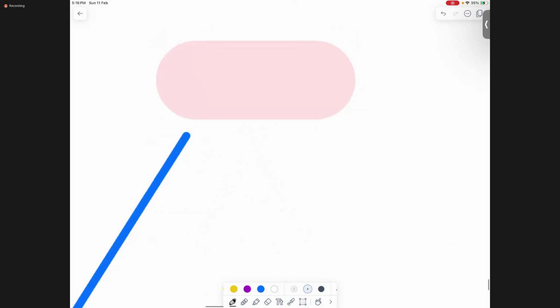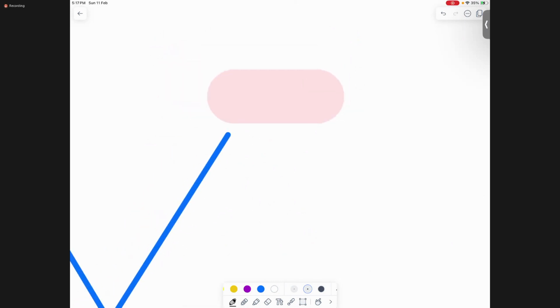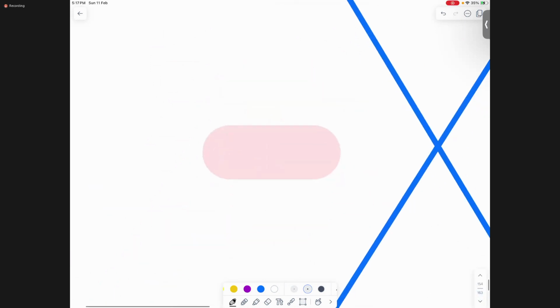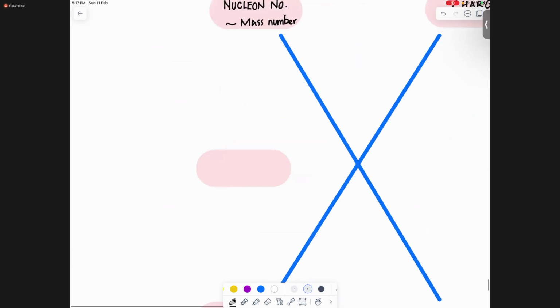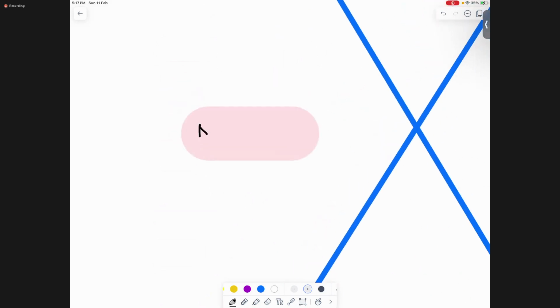What goes there? Yeah, this is the charge. And what goes there, in the middle? Right, neutron number, correct.